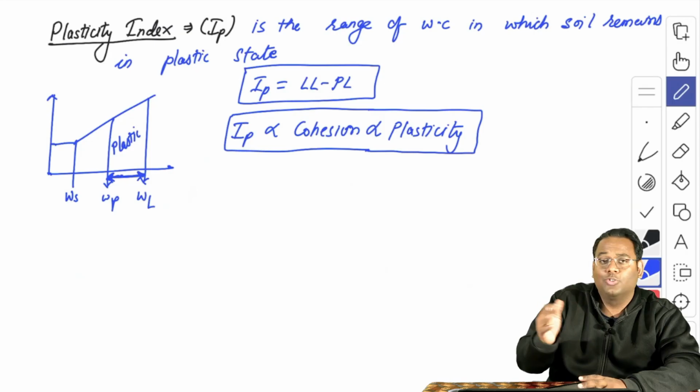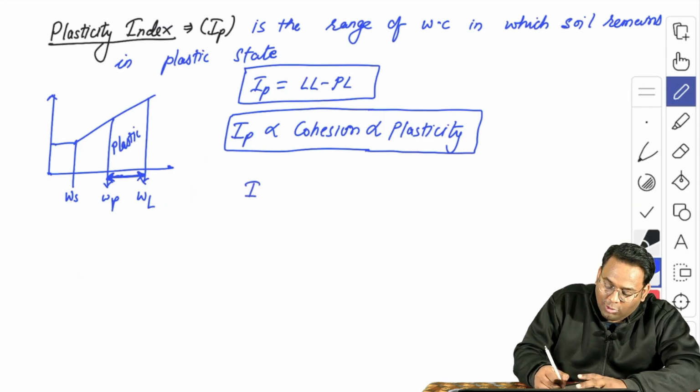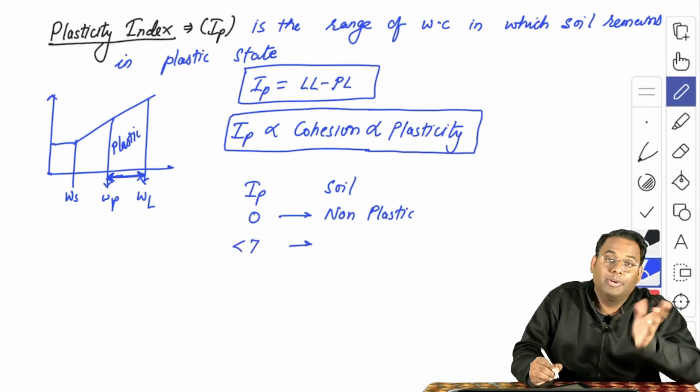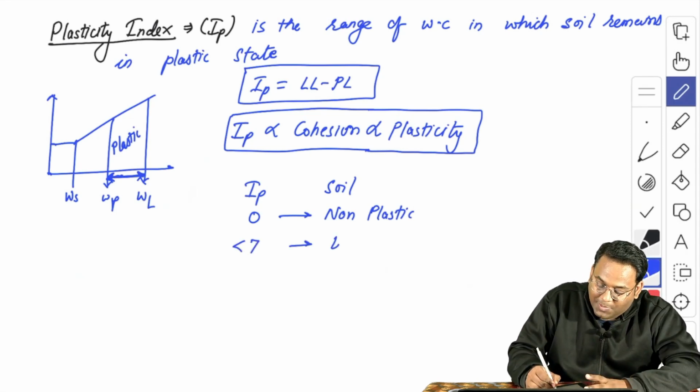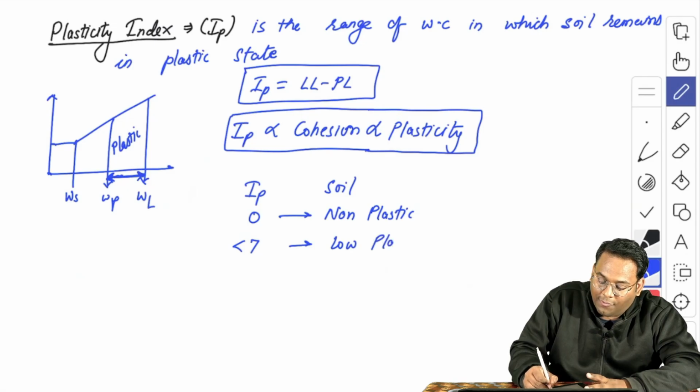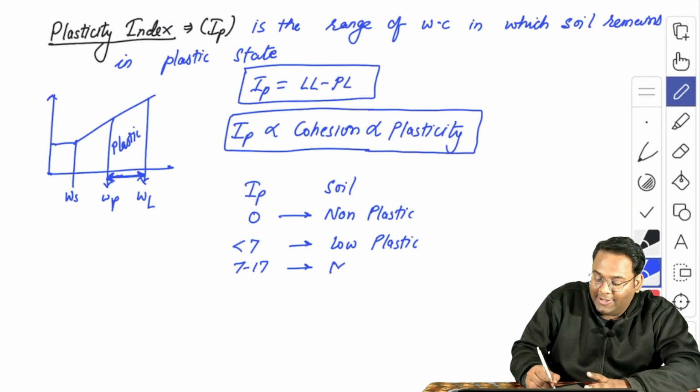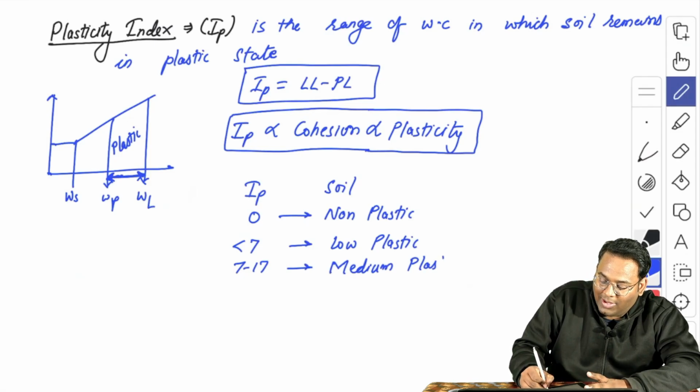But yes, according to the value of IP, we also define the name of the soil. For example, if IP is 0, we call that soil non-plastic. But if the value of IP is less than 7, between 0 and 7, then such a soil is said to be of low plasticity. Whereas if the value of IP is between 7 and 17, then that is termed as medium plastic soil.